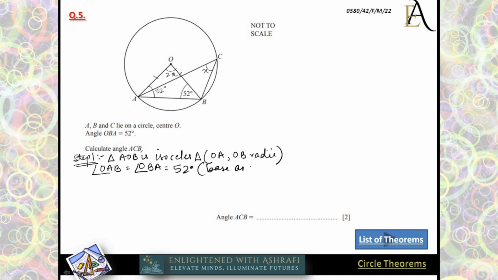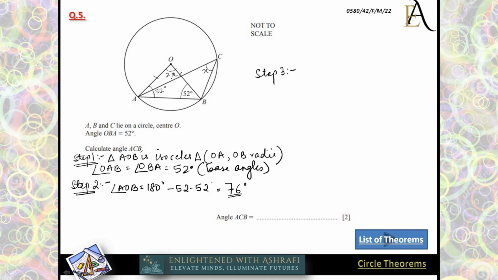These are the base angles. Then step 2, angle AOB is equal to 180 degrees minus 52 minus 52, which gives me 76 degrees. Okay, so my AOB is 76 degrees.